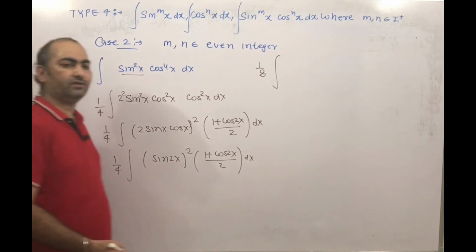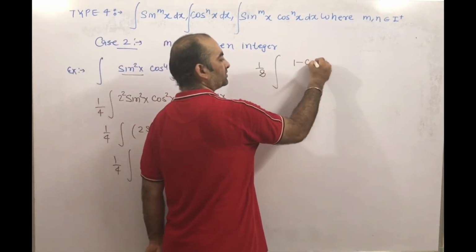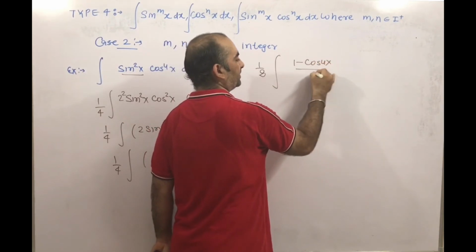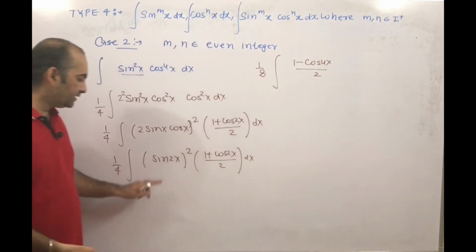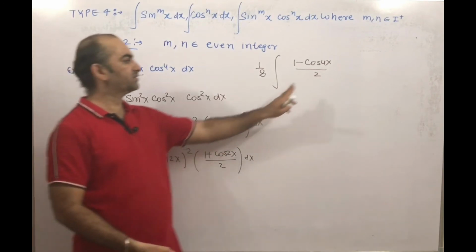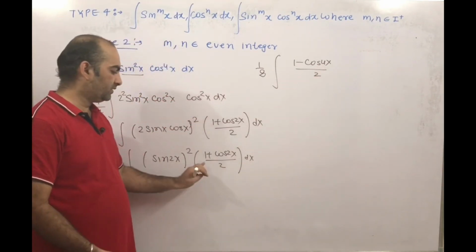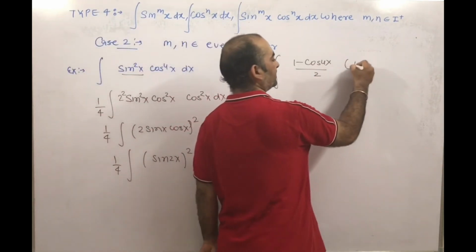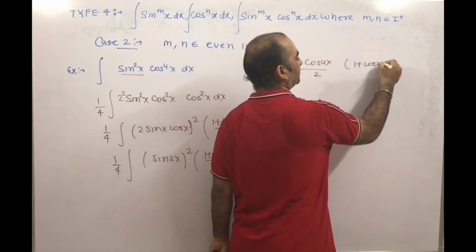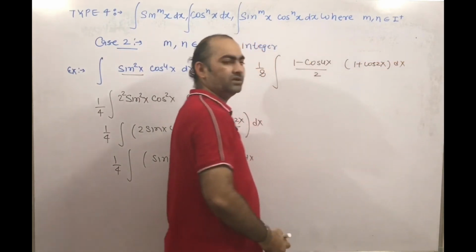This one we can write 1 minus cos 4x divided by 2. Sin 2x whole square we can write 1 minus cos 4x divided by 2, and this 1 plus cos 2x dx.